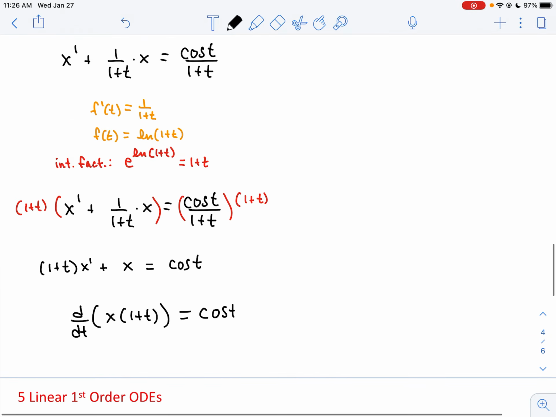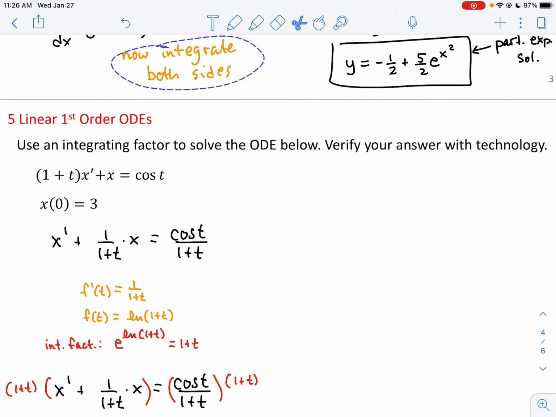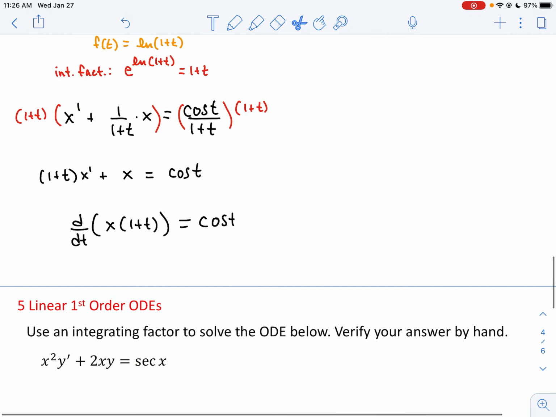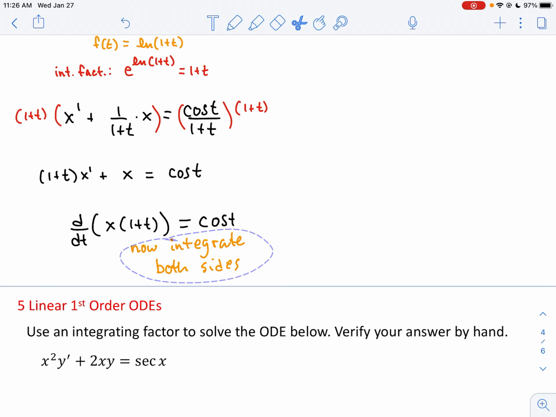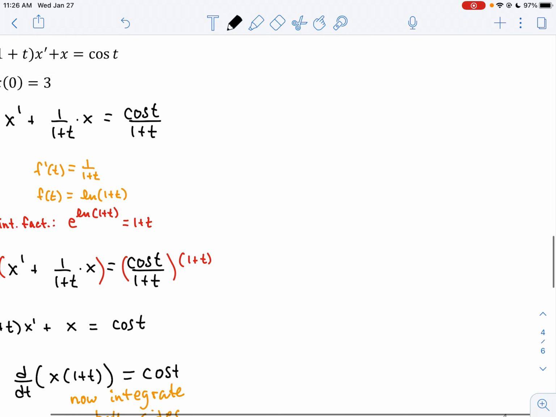Okay, now I want to integrate both sides again. Right, copy those instructions. We do that same thing next. And let's put our result over in the next column. So here's a derivative. If you integrate a derivative, they cancel each other. You can just get x times 1 plus t equals.